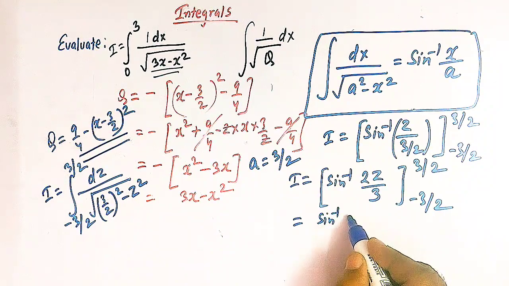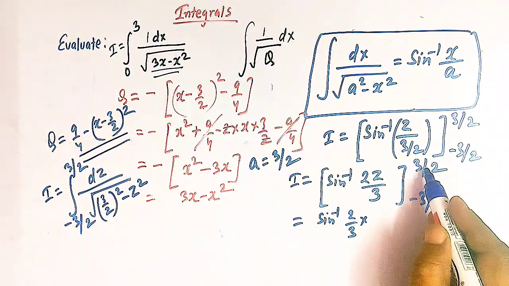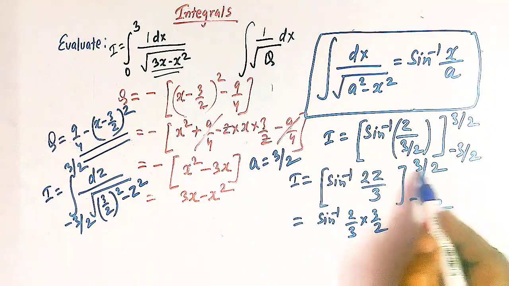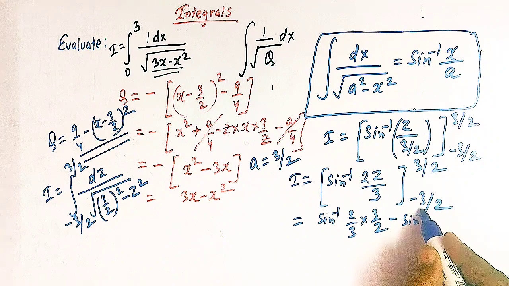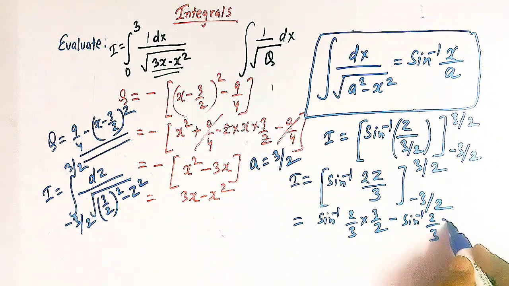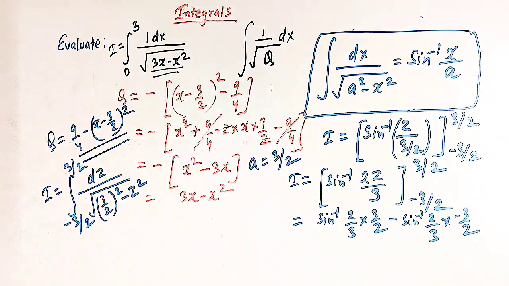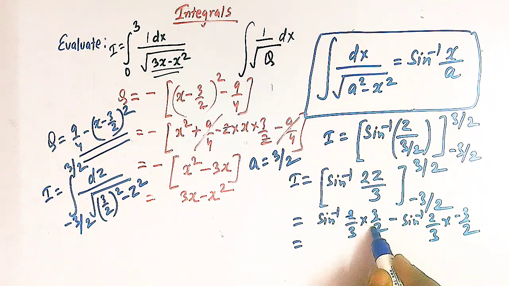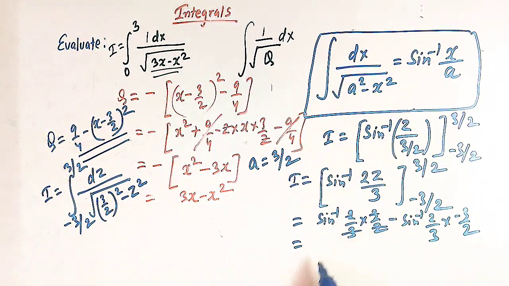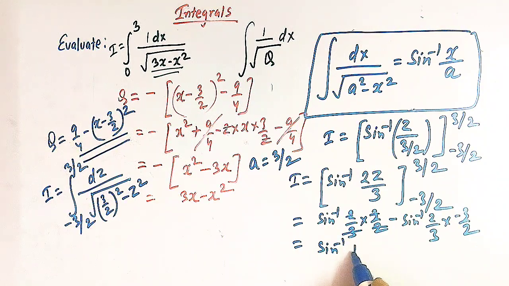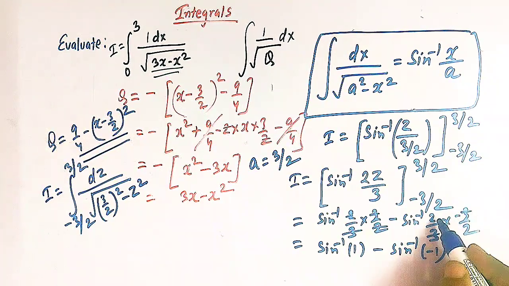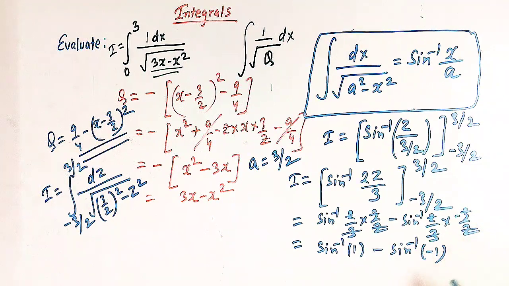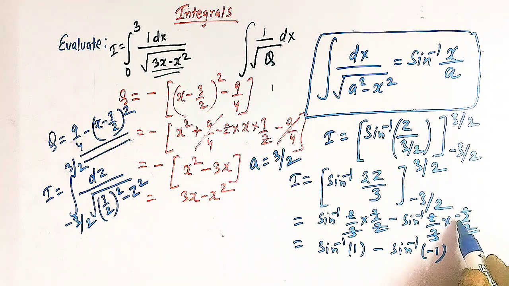So here we have sine inverse of 2 by 3 times 3 by 2, the upper limit. Then minus, here we have sine inverse of 2 by 3 times minus 3 by 2. So 2 and 2 get cancelled, 3 and 3 get cancelled. So we have sine inverse of 1, and here we have sine inverse of minus 1, because we are left with only a minus 1.